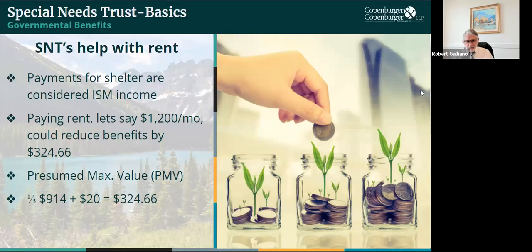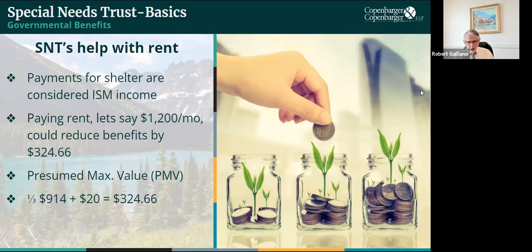This particular rule says that the maximum amount that the beneficiary's benefit can be reduced is limited to 1/3 of the federal rate that they are paying for 2023, $914 plus $20. The maximum deduction that can be made of the beneficiary's SSI benefits is $324.66.